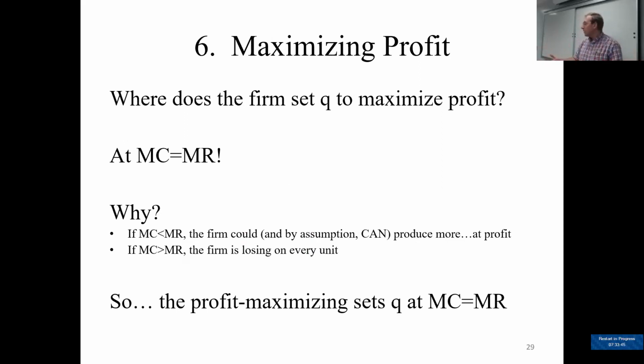I should produce more. On the other hand, if producing one more unit is going to cost more than I get, I'm not going to pay $7 to sell an extra sandwich for $6. It's not worth it, so I'm going to stop production. So profit maximization is going to come at the point where the marginal cost is equal to the marginal revenue of production. This is all the review. We're going to come back to that in a moment.